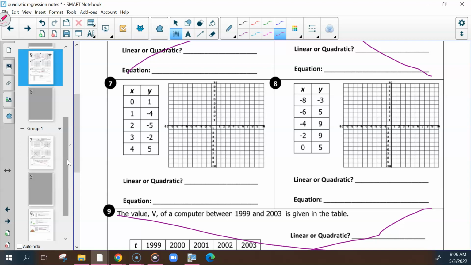So you don't need to do the graphs, we'll just find the equation. Write down the table somewhere, wherever you have space. And then if you have Desmos up, you can follow along with me.